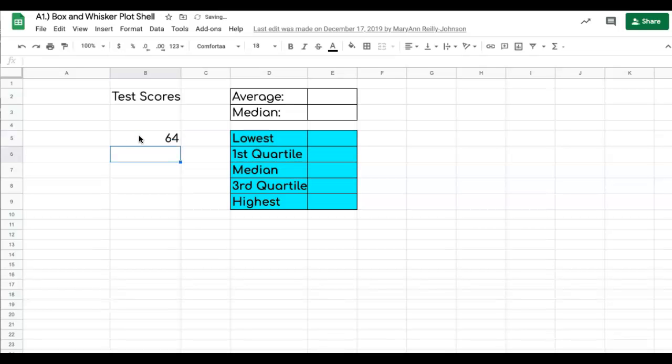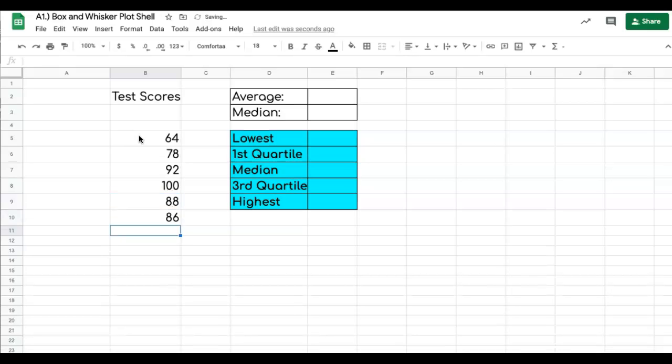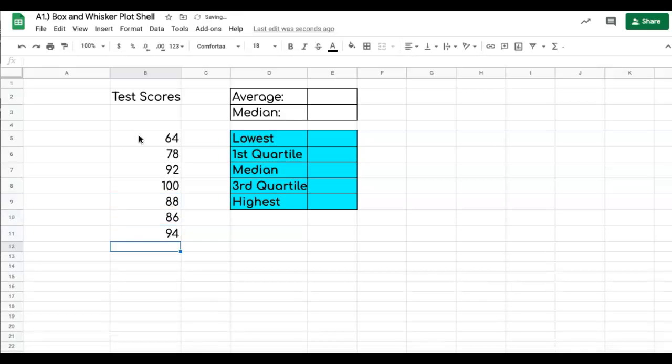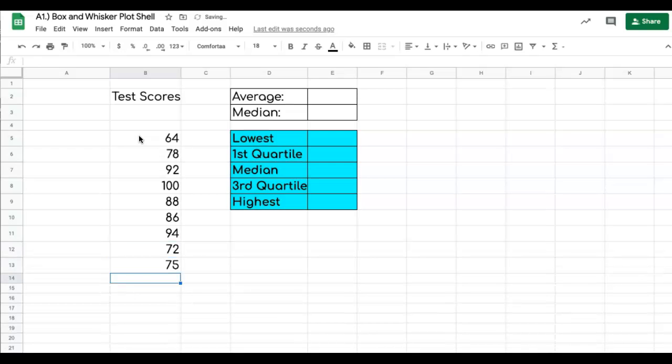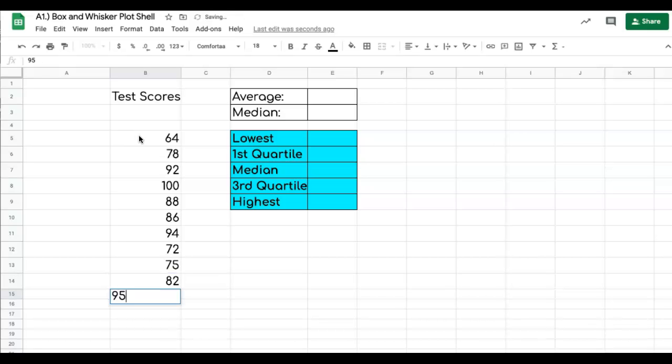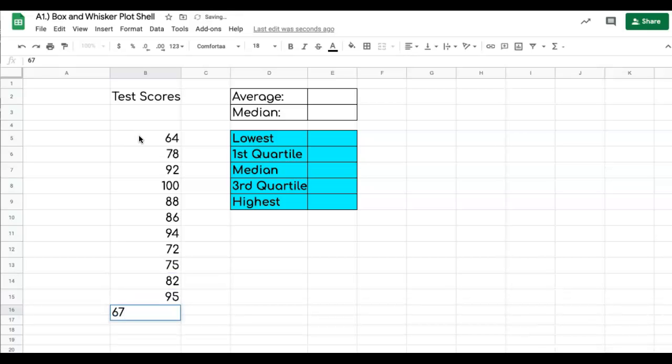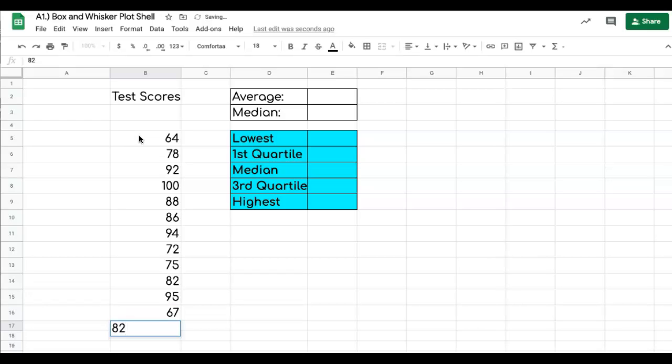We can just type them the way they gave them to us on the note sheet, which was 64, so go ahead and type with me, 78, 92, 100, 88, 86, 94, 72, 75, 82, 95, 67, 82, 84, and 82.